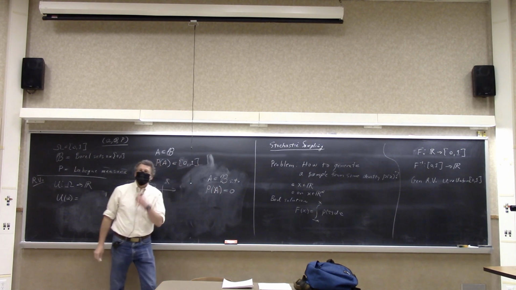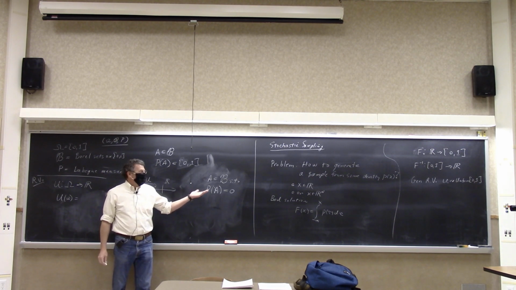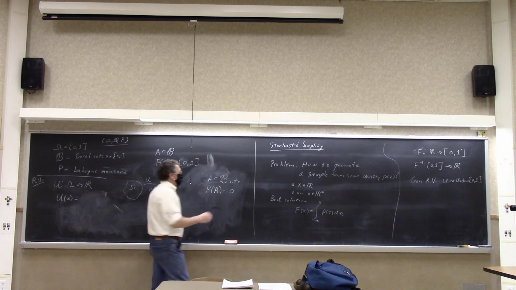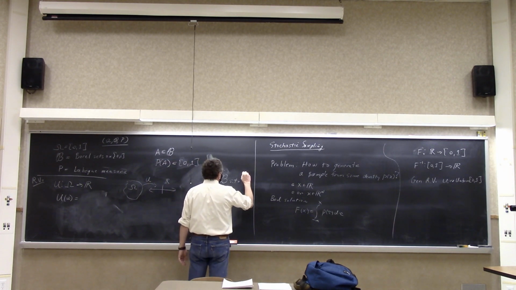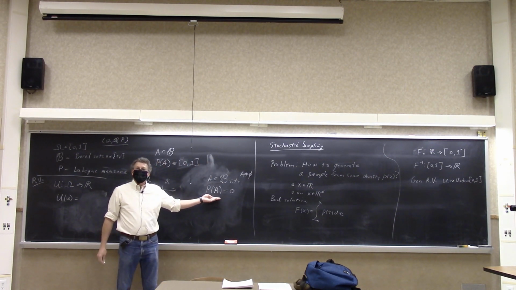First of all, is there such an A? Is it possible to have an A which is non-empty, such that A is not empty? Is it possible to have a non-empty A which has the property that its probability is 0? Give me an example.